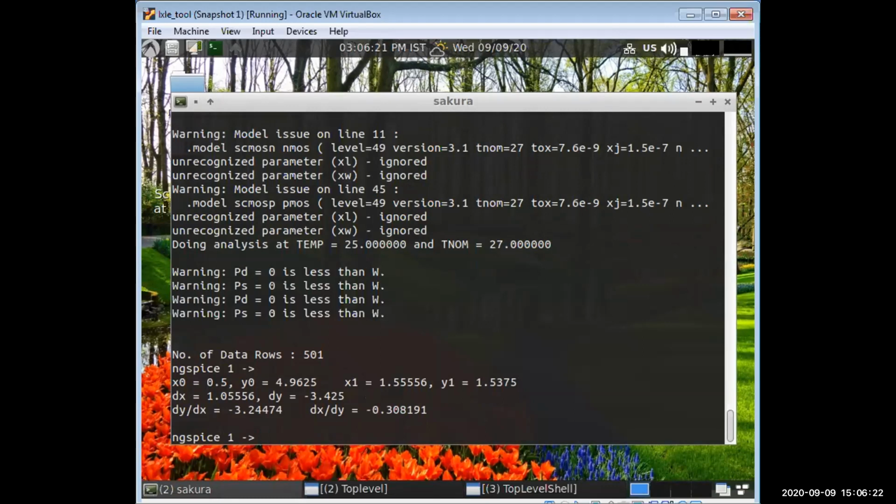Making it 2 times means the strength will be more, so you expect the curve to shift to the left. NMOS is strong means it will shift left. That is what you are observing here also. Satabdi, go ahead.